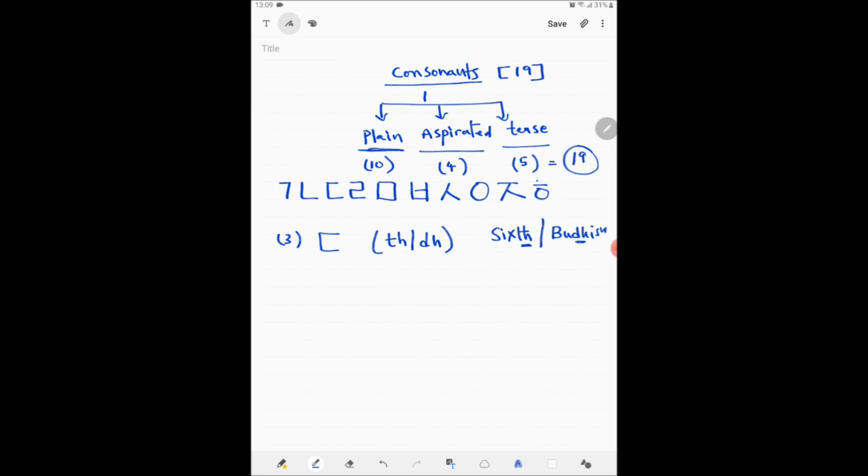So th or d is the sound value for this. Similarly, like what we have seen earlier, if you see this first in a word, then it will have th sound. At all other places, it will have dh sound value. The writing direction for this is first direction, and the second direction is something like this, together in the form of L. So 1 and 2.